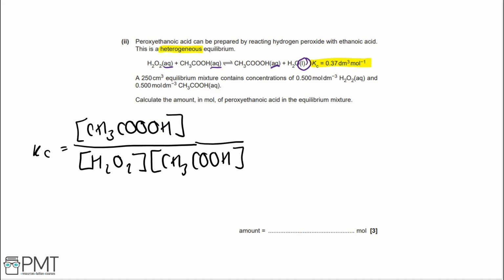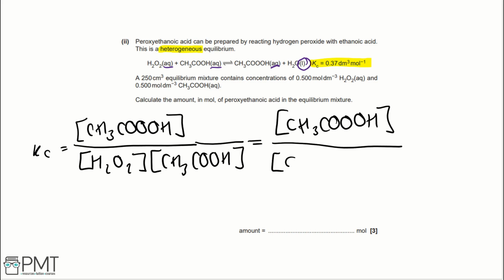If we plug in values for this, the square brackets in Kc mean concentration, and we've got values for concentration. So rewriting Kc, we have peroxyethanoic acid over 0.5 and 0.5 again, because they're the values we've been given as the concentration of hydrogen peroxide and ethanoic acid.